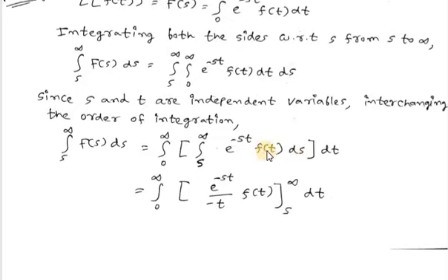So f of t is constant, so it will be as it is, and integration of e raised to minus st with respect to s is e raised to minus st divided by the multiplier of s, that is minus t.